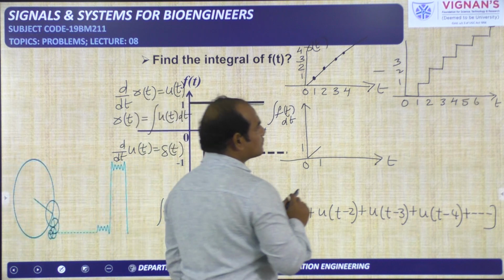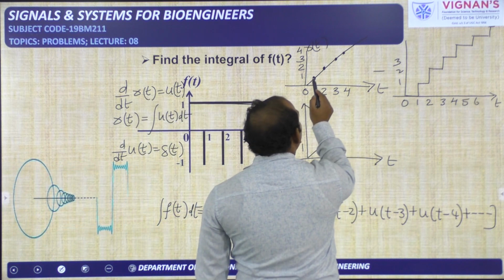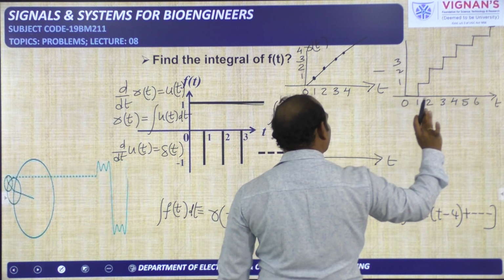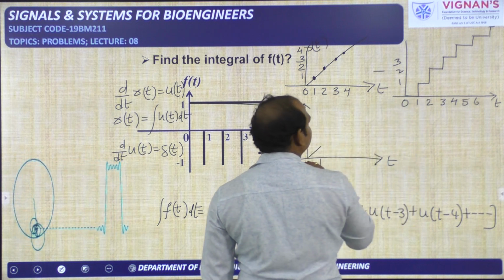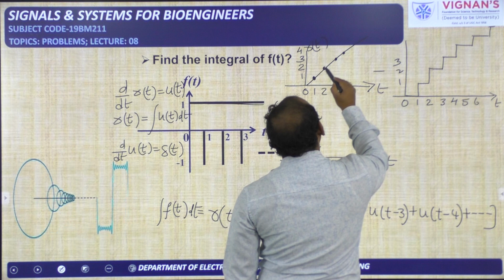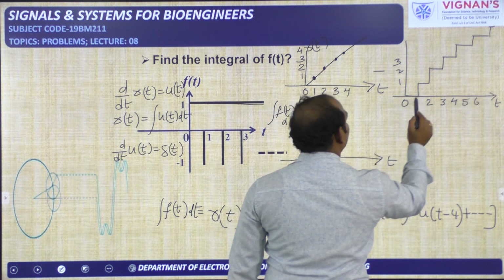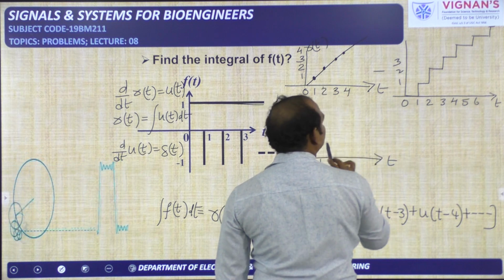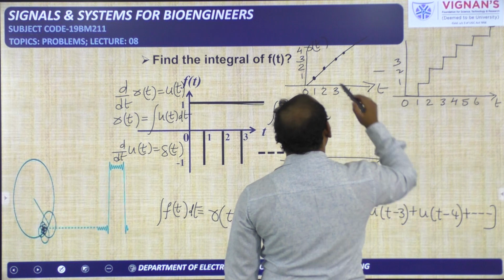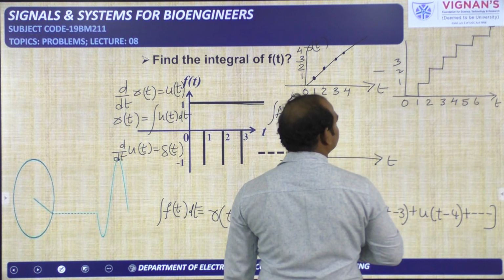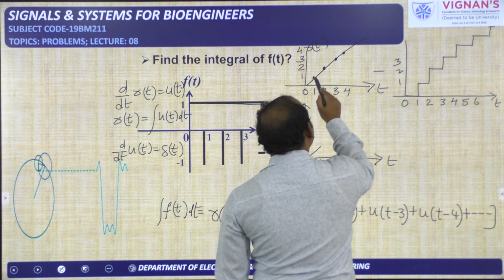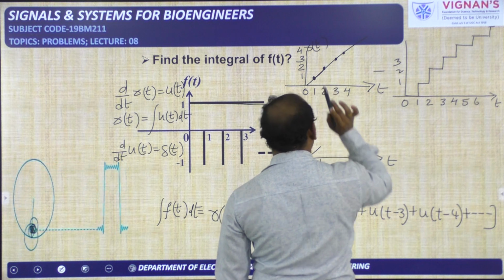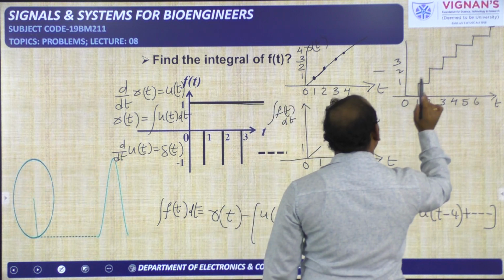Okay, now listen carefully. At t is equal to 1 its amplitude is 1. At t is equal to 1 its amplitude is, you can say 0, for the time being you can say 0. Okay, next from 1 to 2 it is increasing up to 2. From 1 to 2 the other one is fixed at 1. Exactly at t is equal to 2 it is 2. Exactly at t is equal to 2 the other is 1. So 2 minus 1 means that is 1 only, and it is increasing. If you see in the middle, at t is equal to 1.5 it is 1.5, and the other at t is equal to 1.5 it is 1.